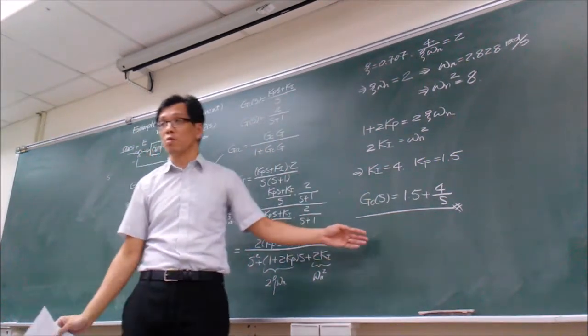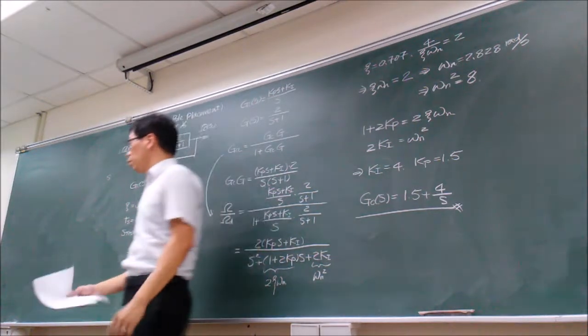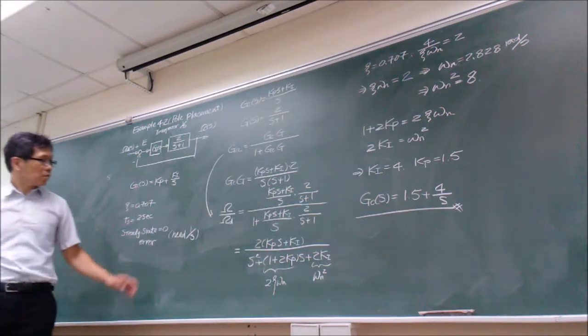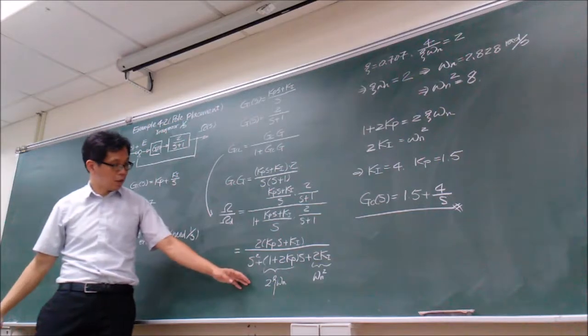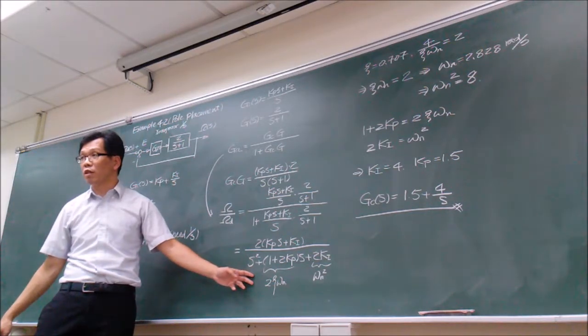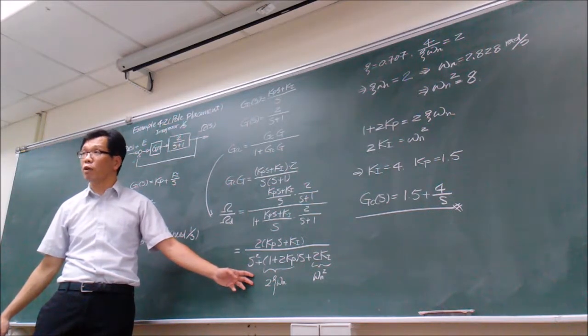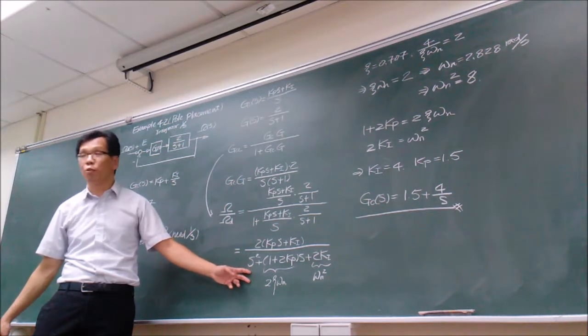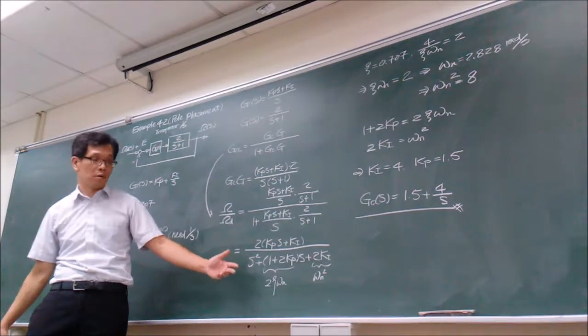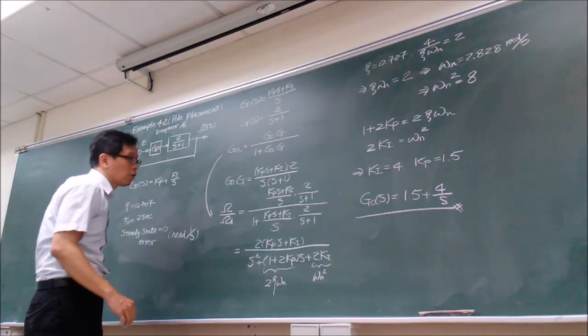So why do we call this one pole placement? Over here, this is my closed loop transfer function, right? Can we determine where I'm going to put my poles? What is a pole location?